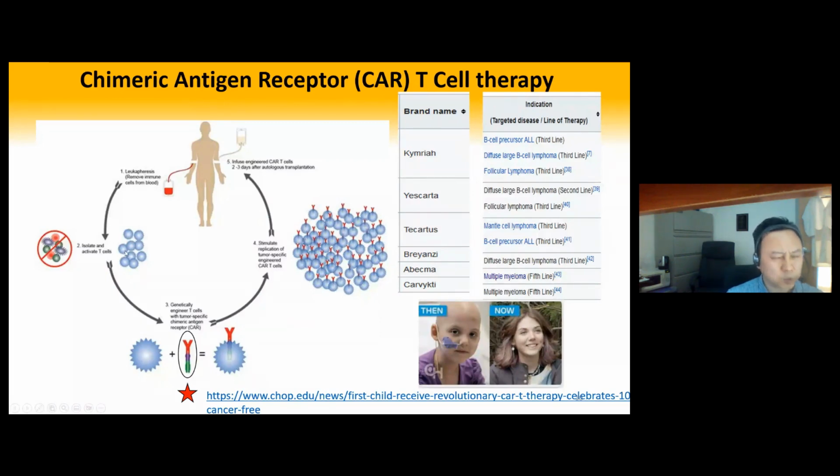We know T cells are critical for immune fighting. Then it engineers a T cell receptor into that patient's T cells, cultures those T cells outside the patient, grows them to a large quantity, and checks to make sure this T cell receptor can bind to the tumor biomarker. Once they pass those tests, you inject them back to treat the patient.